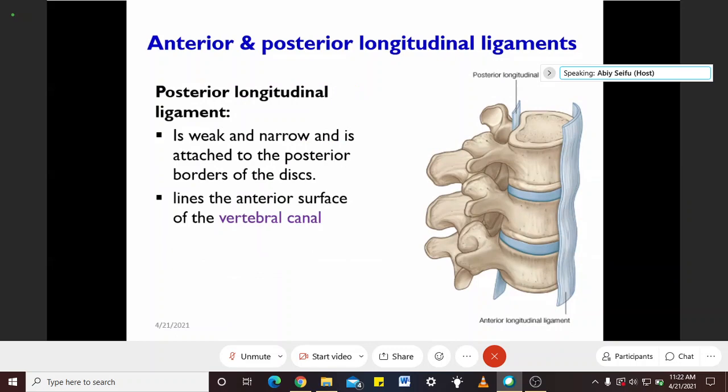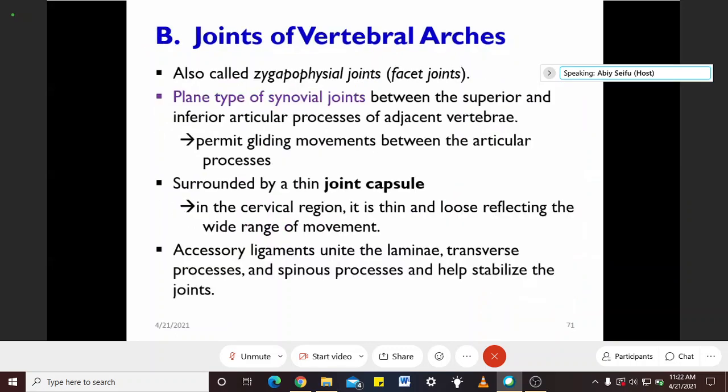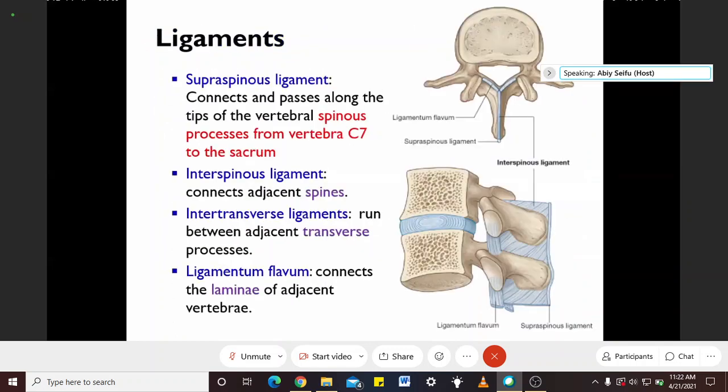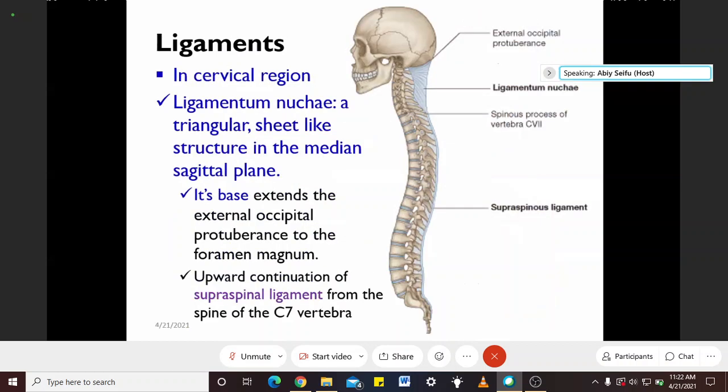And the other ligament is the ligamentum nuchae, which is the upward extension of the supraspinous ligament. You know, the supraspinous ligament extends from the sacrum over the apex or the tips of each vertebra up to C7.